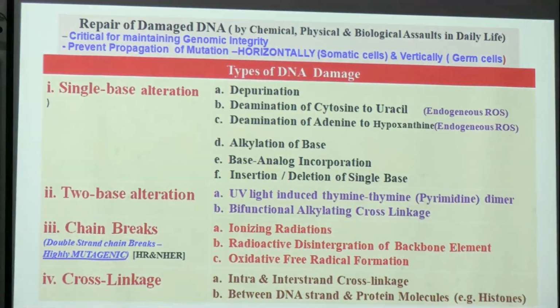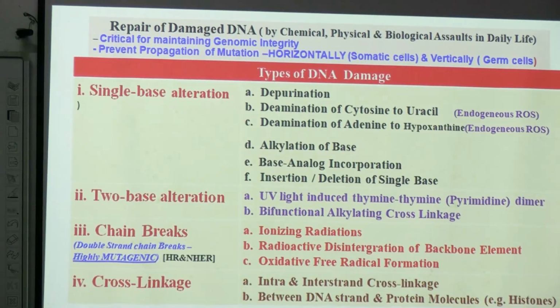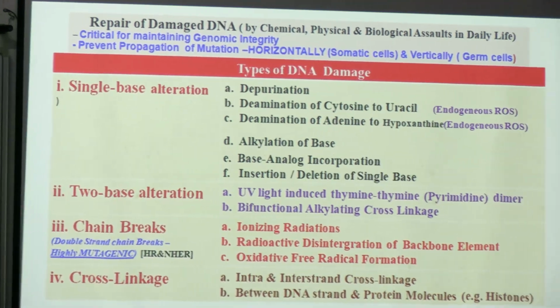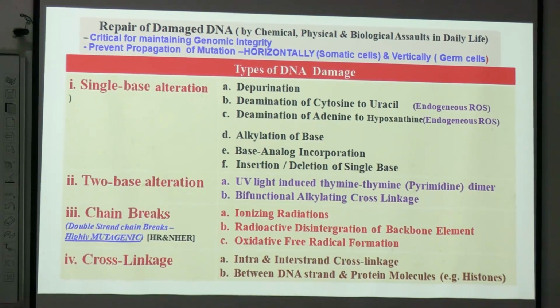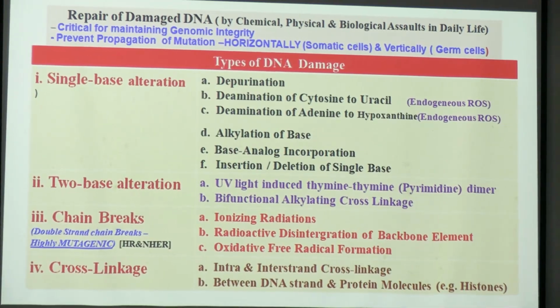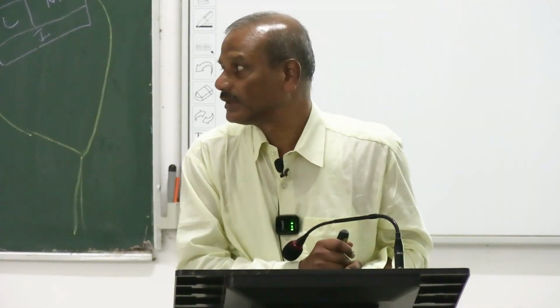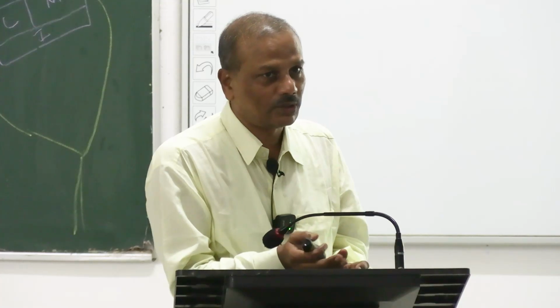Depurination can occur, or there may be deamination of cytosine to uracil, deamination of adenine to hypoxanthine, alkylation of bases, and also incorporation of base analogs into DNA. Then 2 base alterations can be caused by UV ray induced thymine or pyrimidine dimers, radioactive disintegration, or bifunctional free radical formation, as I told you, reactive oxygen species.